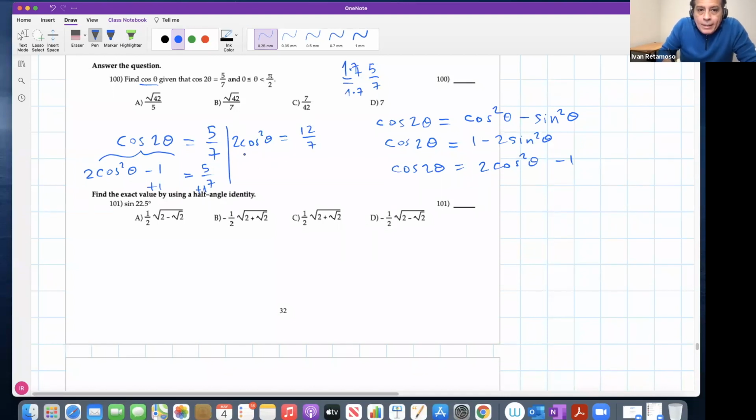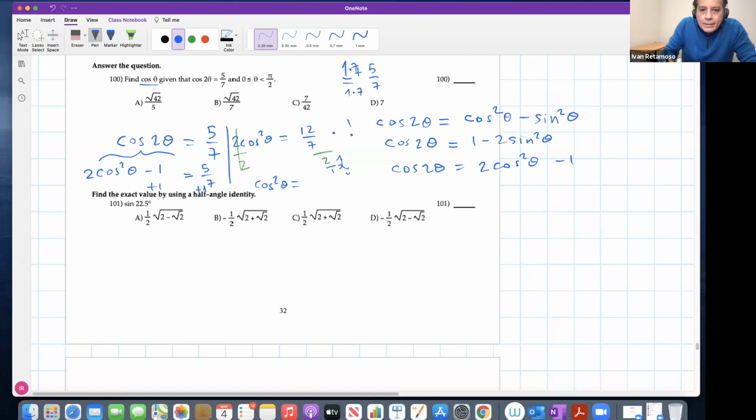Now, divide by 2 both sides of the equation. Here this cancels. Here you get cosine square of theta equal. When you divide by 2, remember you flip this guy and you multiply by 1/2.